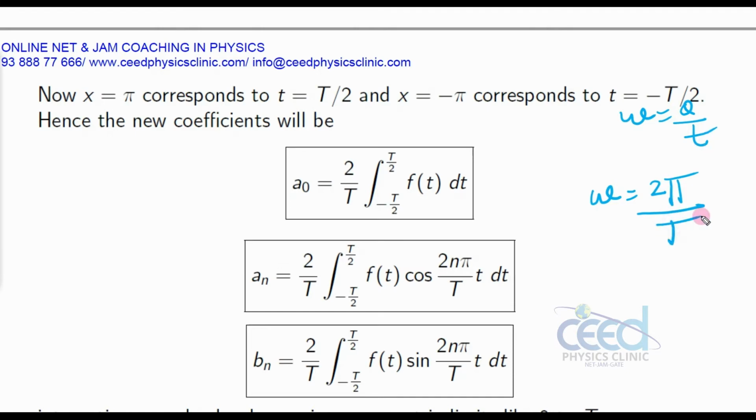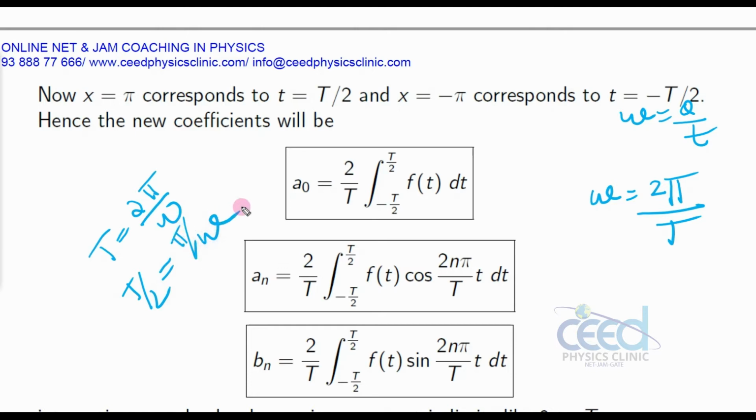So I can write omega as 2 pi by T. So here it is n omega t, right? So T all we will change. That is T is equal to 2 pi by omega. Then what is T by 2? That is pi by omega.